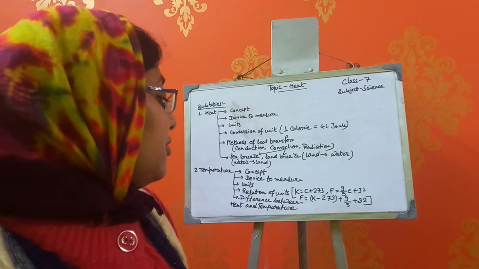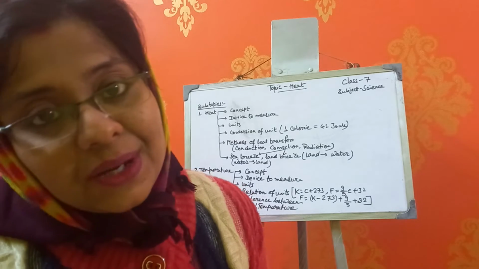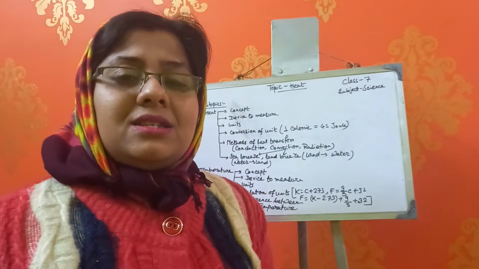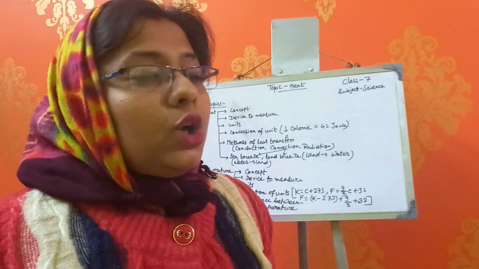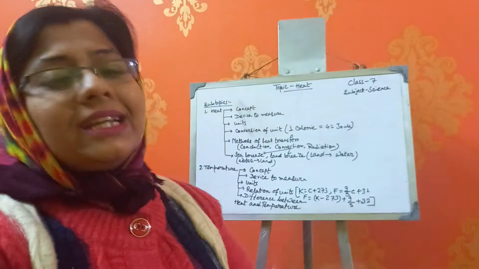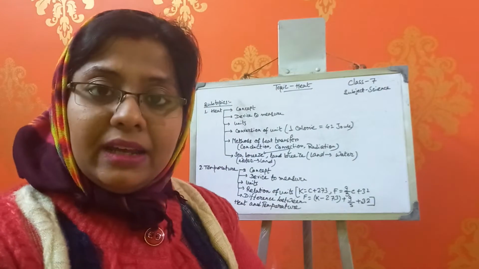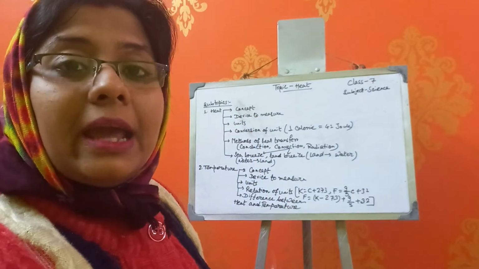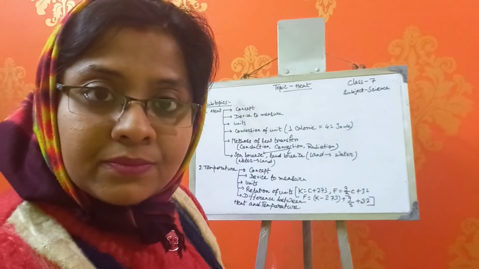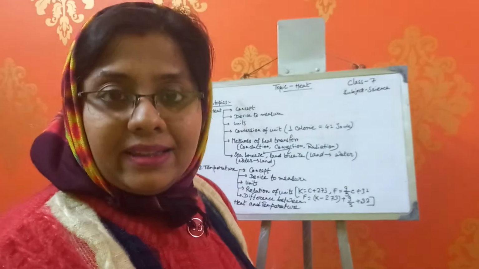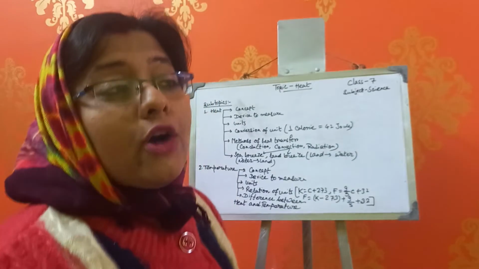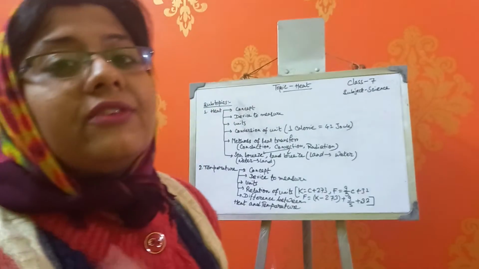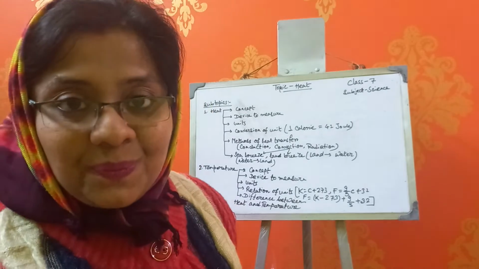Next, difference between heat and temperature. This is our last subtopic. So from the whole discussion, this thing is very clear. Heat is a cause, temperature is the result. If I apply the heat, then the degree of hotness and coldness I can find, otherwise not.